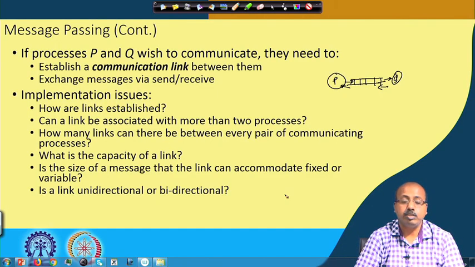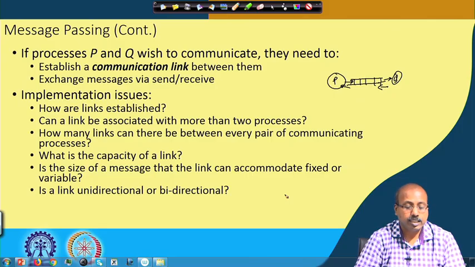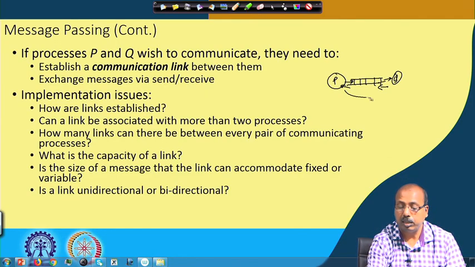Now, the questions that we need to answer: how are these links established, that is the first thing. Second, can a link be associated with more than two processes? Can I have a message queue that covers more than two processes? Then, how many links can there be between every pair of communicating processes? Is there a single queue or are there multiple queues?